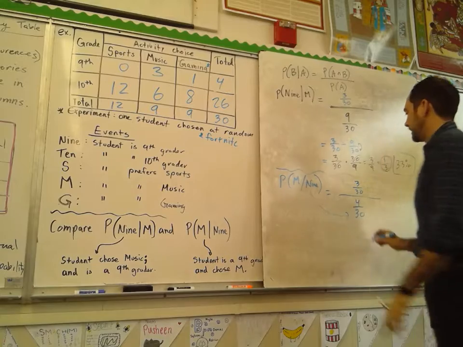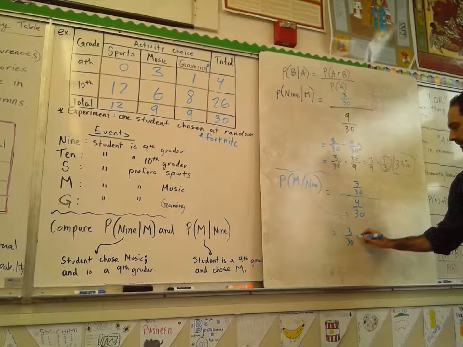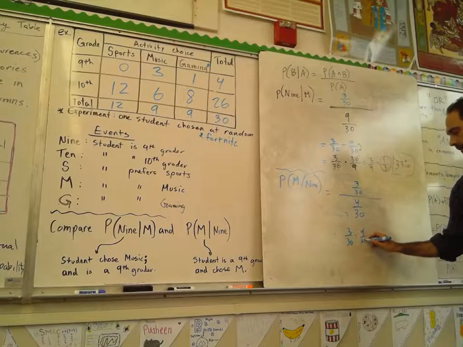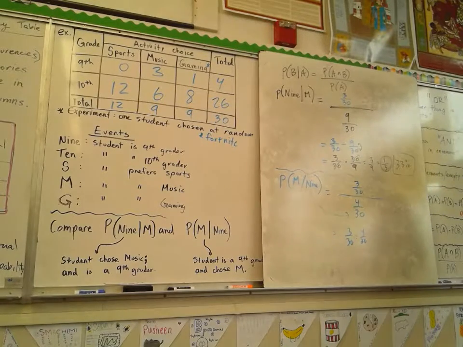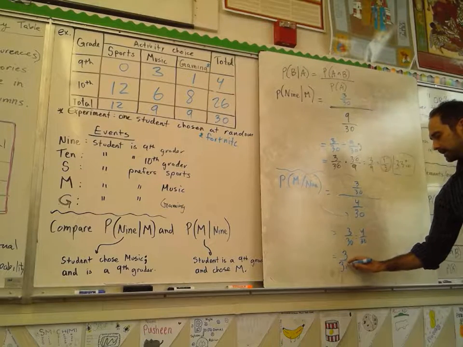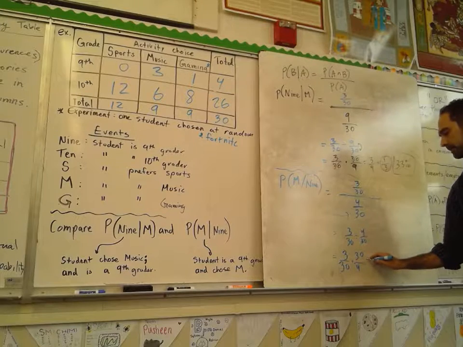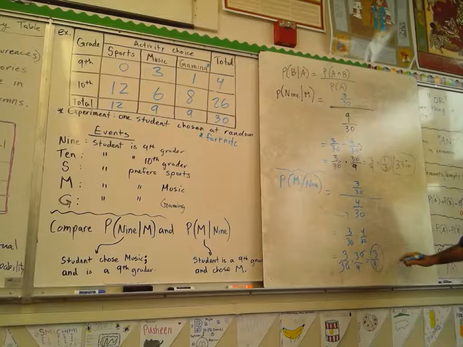So we have 3 over 30 divided by 4 over 30. And you have to flip it. 3 over 30 times 30 over 4 is 3/4, which is how much? 75%.